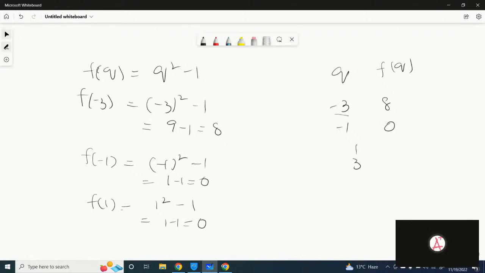That means when q equals 1, f of q equals 0. Replace the q with 3. F of 3 equals 3 square minus 1. 3 square is 9. 9 minus 1 is 8. Got it? Now you simply need to replace the values with the variable and then calculate the values. Got it? Should I move on?